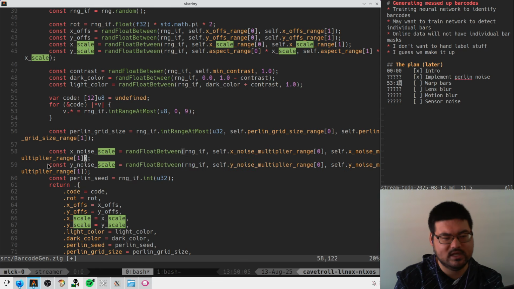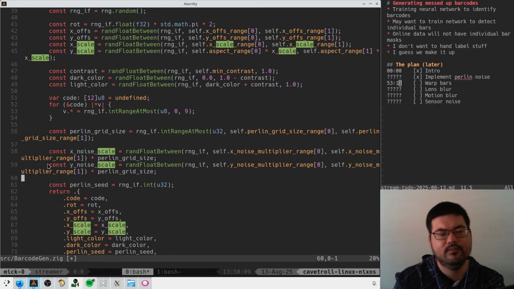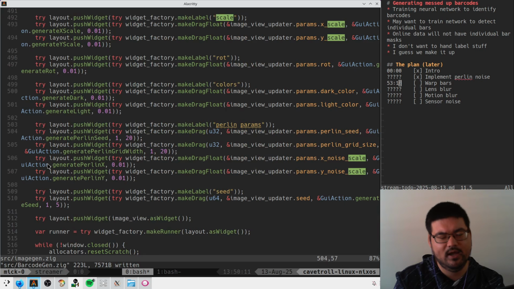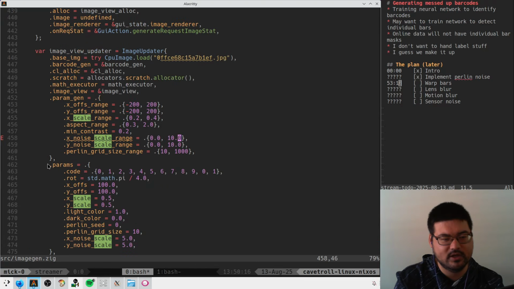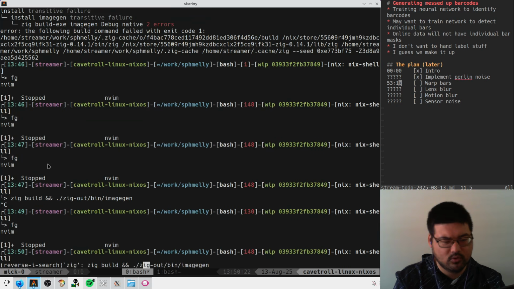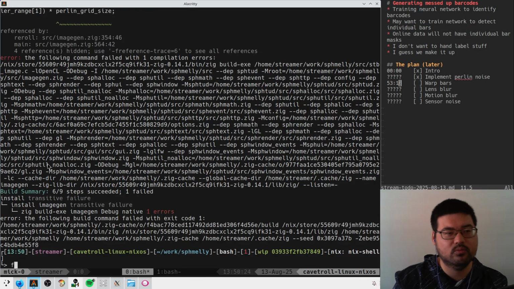And then these guys get both multiplied by the Perlin grid size, like this. And then in image gen, when we set these initial guys, we need to go back and play with it some more to figure out what was sane.